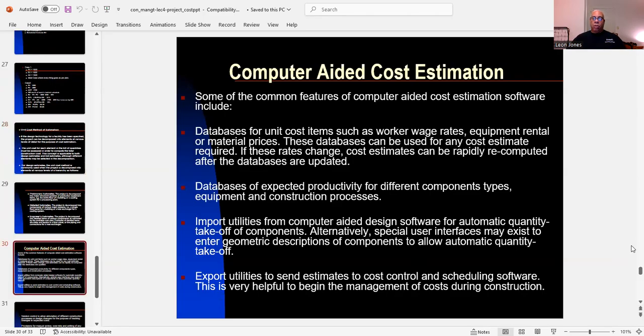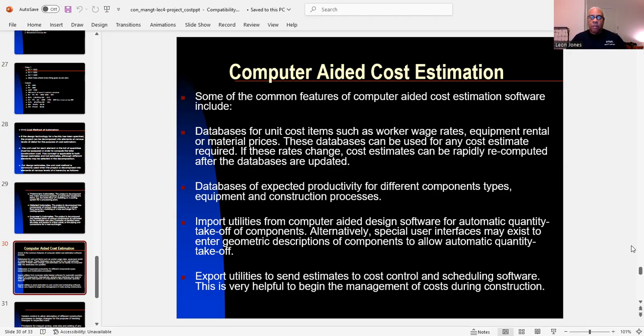So we get what we call a computer aided cost estimation.